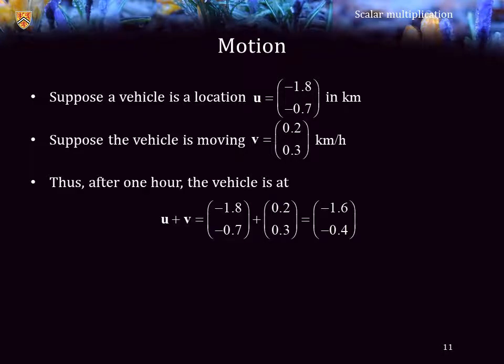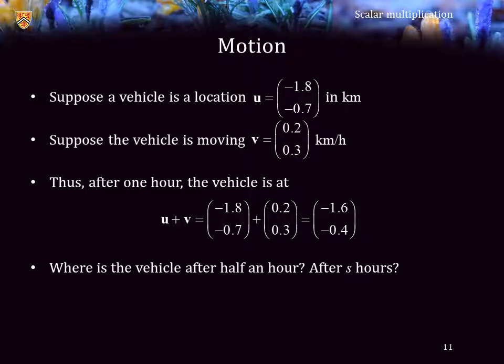Thus, after 1 hour, the vehicle will have moved up and to the right of the original location, ending up now at -1.6, -0.4. Question: where is the vehicle after half an hour? And more generally, where is the vehicle after s hours?